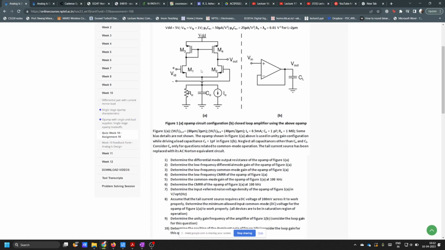Do a full small signal analysis, assuming there is input VCM at this side and this side is grounded. Then ground this side in the other case and put an input here, find out what is Vout for both of them, and add them. These two things you can do, and you'll find out things.